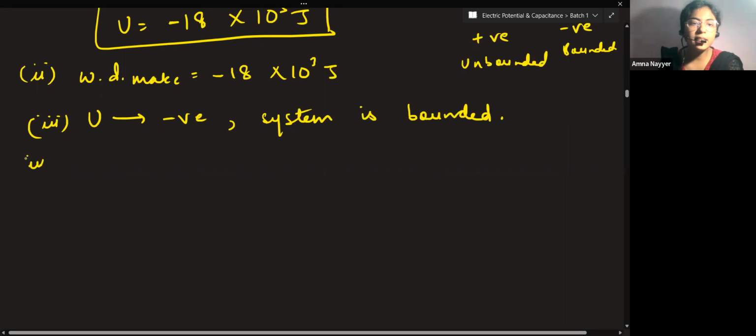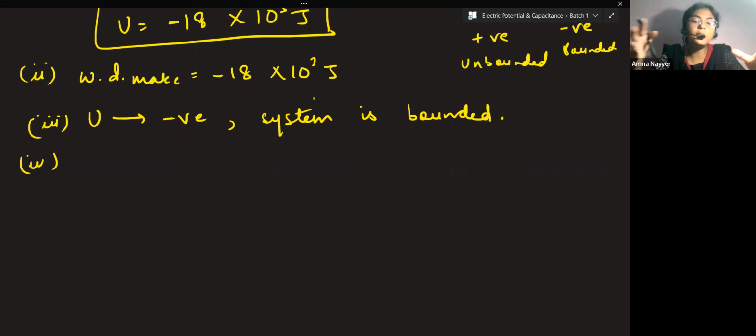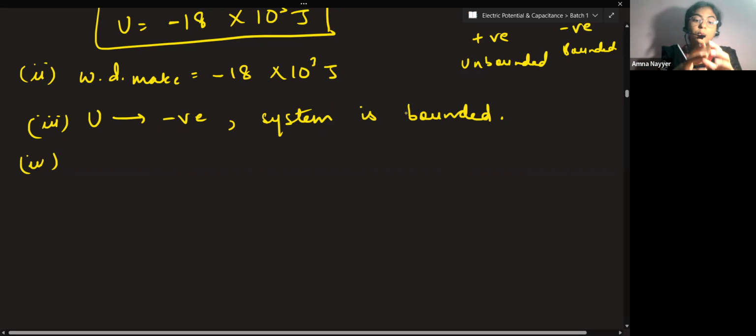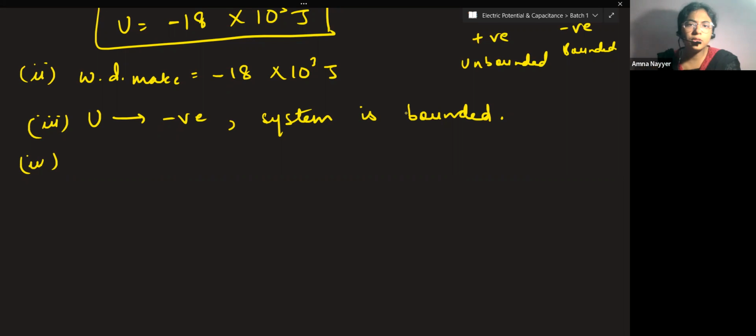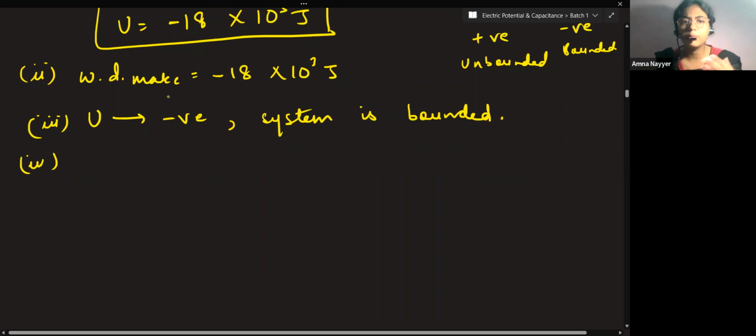The fourth part says, if it is bounded, then what is the work done to break the system? We had calculated the work done to make the system. If minus 18 into 10 to the power minus 3 joules is required to make the system, what do we have to calculate? We have to calculate the work done now to break this. That will definitely be the negative of the work done to make the system, because both of these are just opposite.